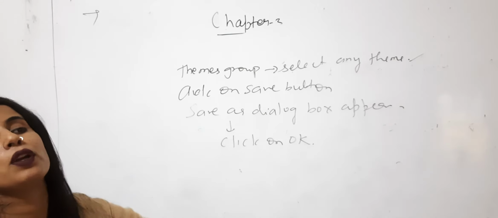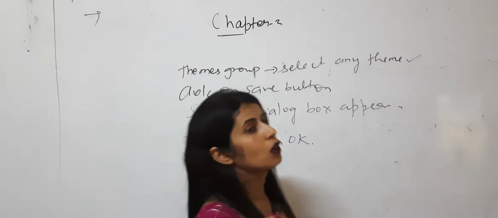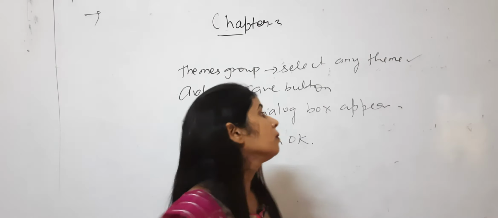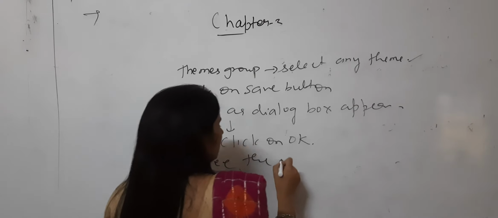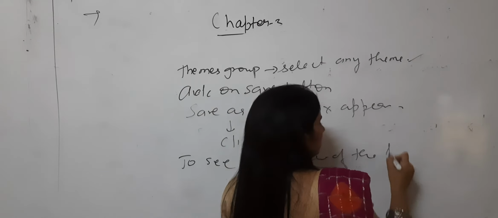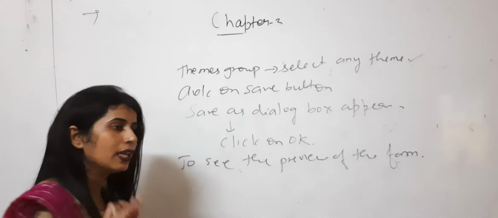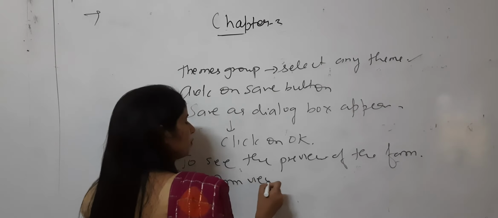Now if I want to take the preview, or see the preview of the form, what do I have to do? Here I have to click on Form View. Which view?